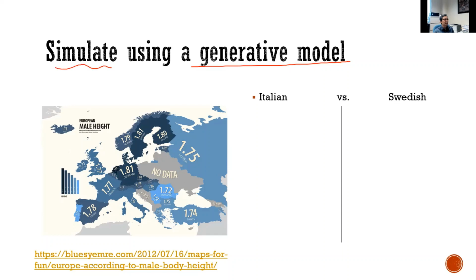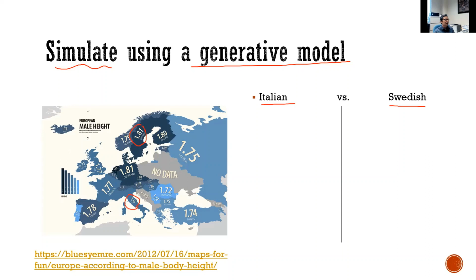In this particular example, I'm going to simulate the height of men from Italy and men from Sweden. So we have some statistics on the average body height of men in these 2 countries.